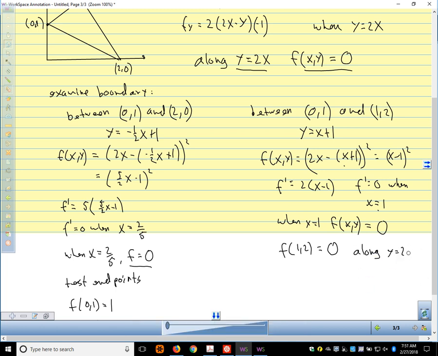Do I have to say which line I tested this endpoint along? No, I would see that you got them all.